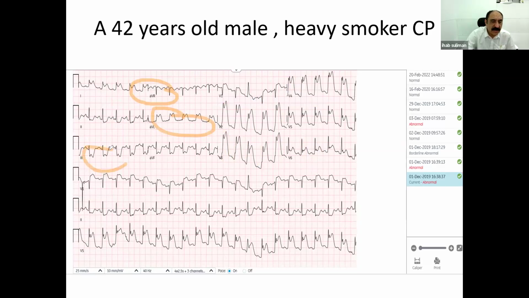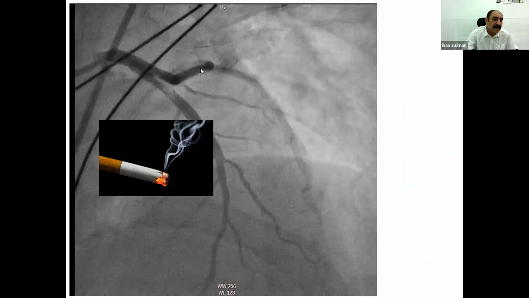In addition to that, there was an ST depression in the inferior leads. So this is a patient who had an extensive anterior STEMI. Luckily, he arrested 30 times in my hand, but he made it. He made it well. And this was the cause of his 30 arrests: a small thrombus in the LAD, which was due to smoking.